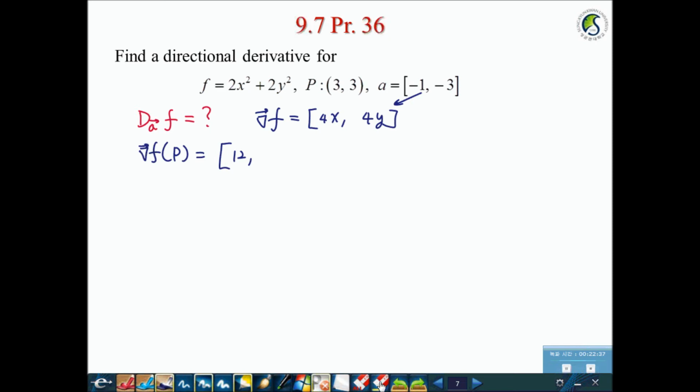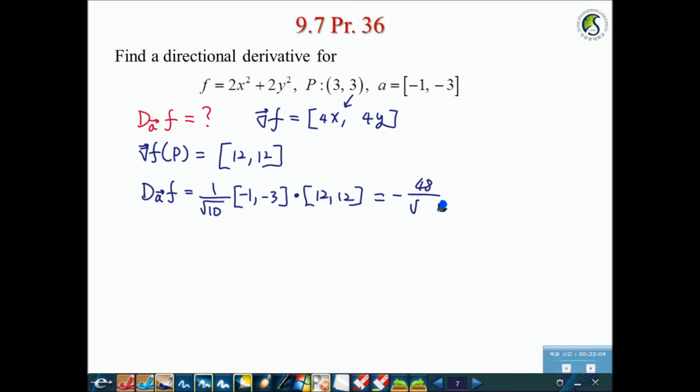And so D_A f is 1 over the length of A, which is root 10, times (-1, -3), dot product with 12, which is 48 over 10.